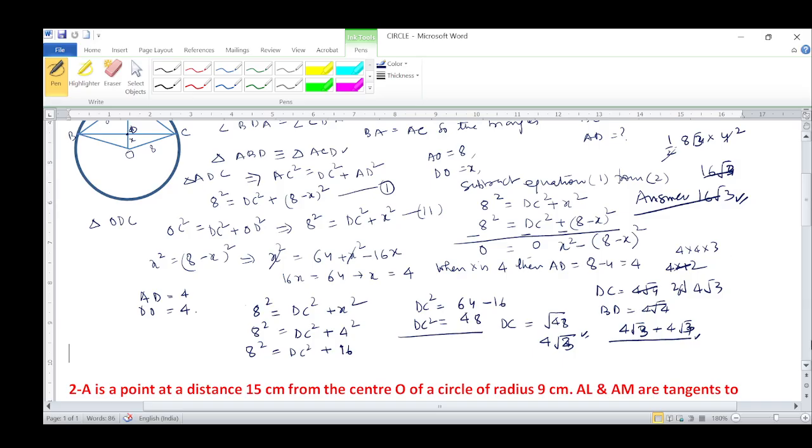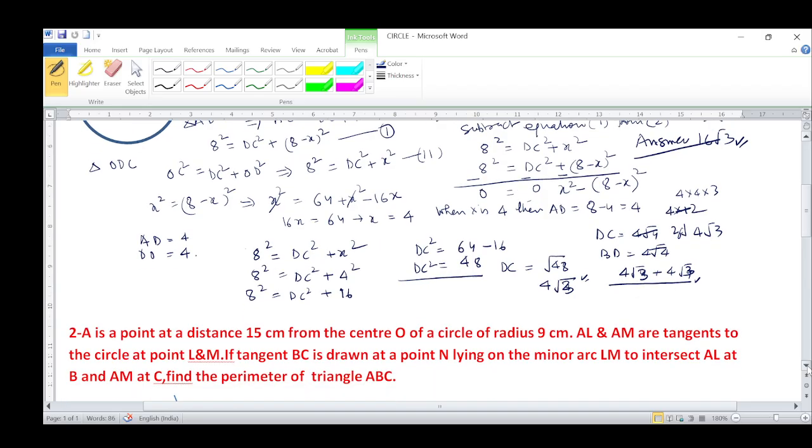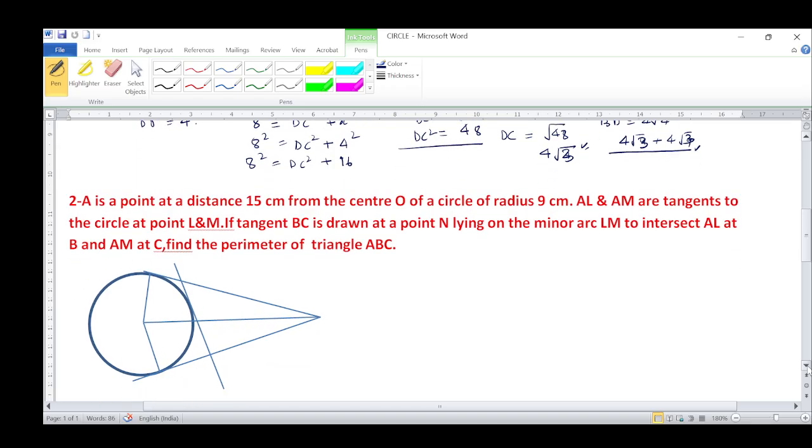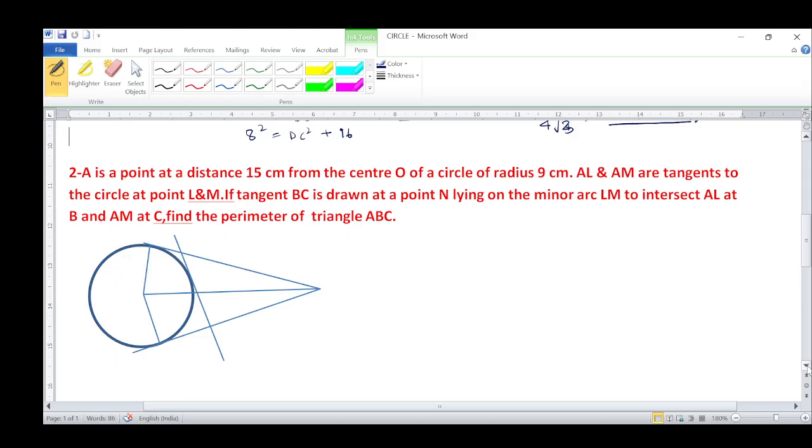In the same way, you have another problem. A is a point at a distance 15 centimeter from the center O. This is L, this is M. LM, this point is L, this point is M. A is a point at a distance 15 centimeter, circle of radius 9.